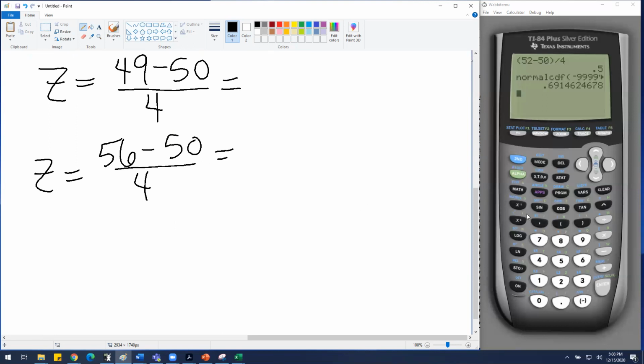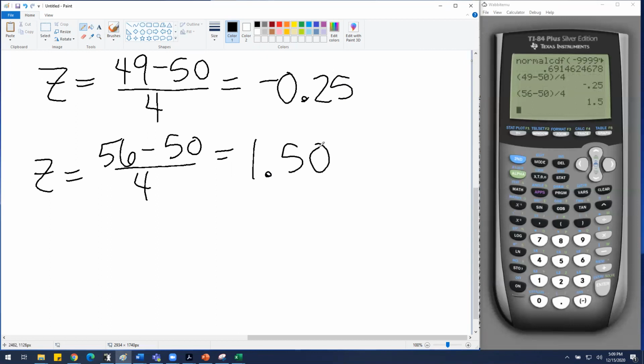Put these in the calculator to get your z-score. So the first one is a negative 0.25, and positive 1.50. Z-table.